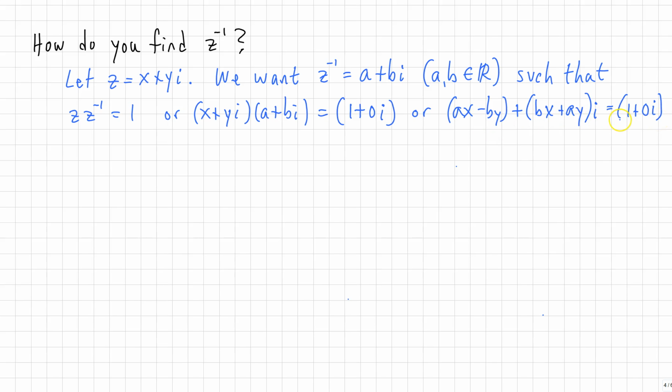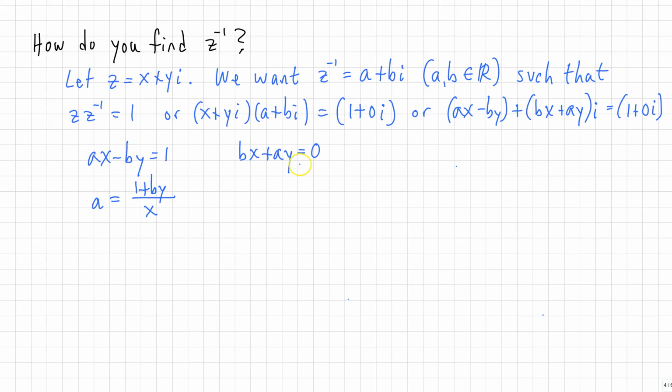So if we equate the real parts, that means we want ax minus by to equal 1. And then we want bx plus ay to equal 0 if we equate the imaginary parts. So the real part should equal 1, and the imaginary part should equal 0. If I solve this first equation for a, we get 1 plus by divided by x.